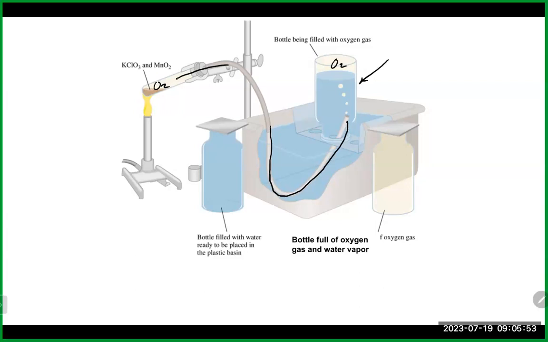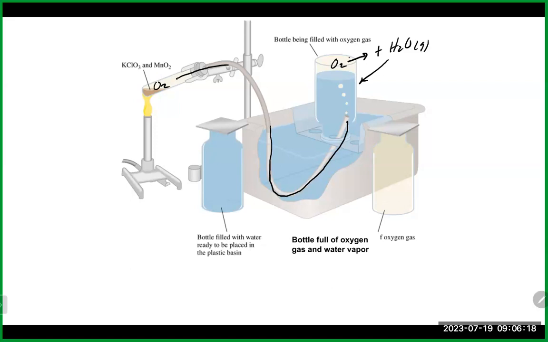Now, a consequence of collecting the gas with water is that in addition to oxygen, in this particular example, you also get some water vapor that comes along for the ride because it's being done in water with a little bit of heat.